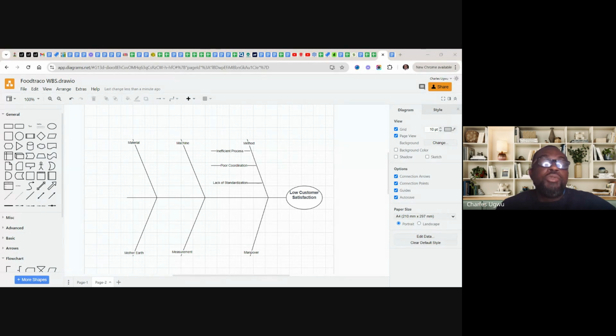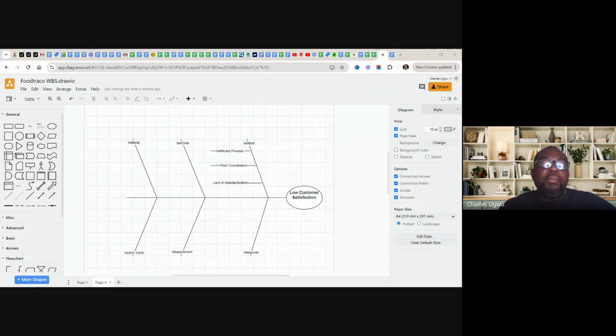So we are trying to use fishbone diagram to brainstorm the root cause of low customer satisfaction in FoodTrackr. That is what we are doing. We are using fishbone diagram, which is a tool in root cause analysis. So we want to get to the root cause.